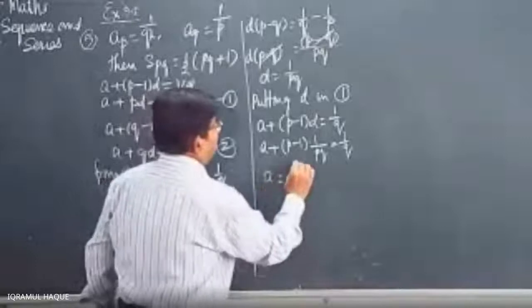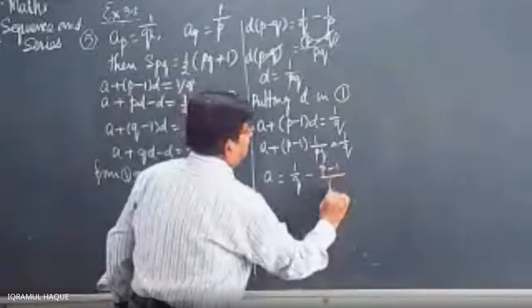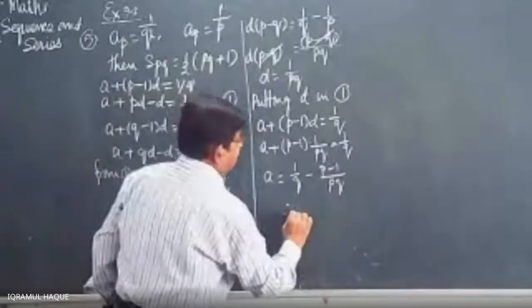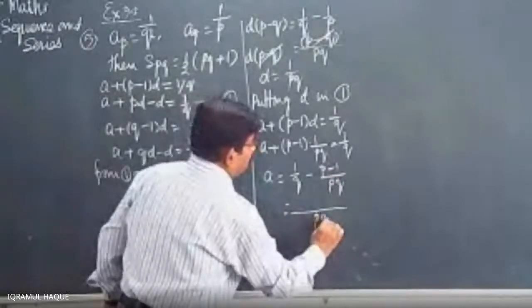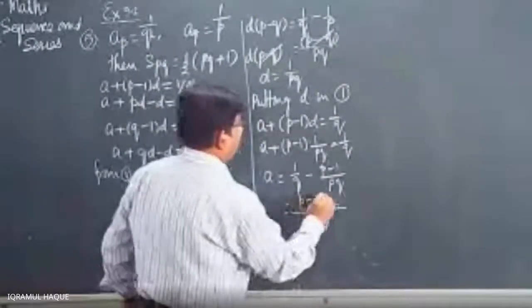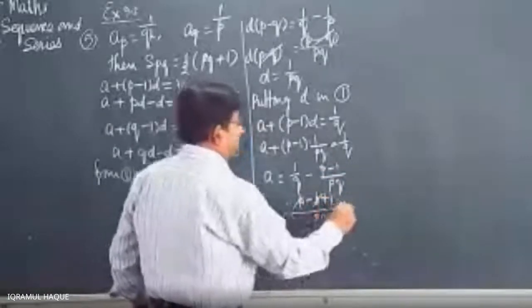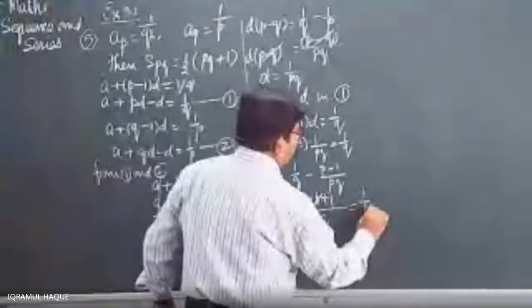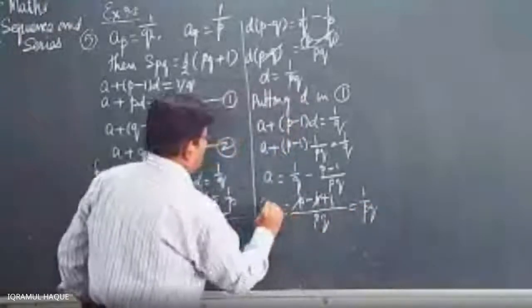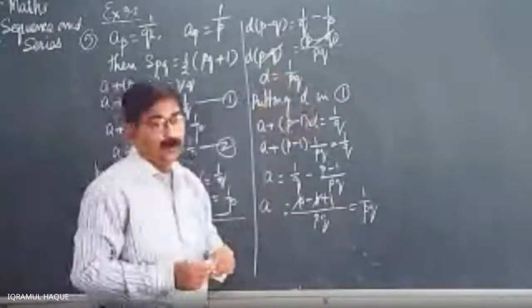A is equal to 1 upon Q minus (P minus 1) upon PQ. Its LCM is PQ. Q and Q will go. We have P minus PQ, which gives P plus 1... P and P will go. We have 1 upon PQ. So A is equal to 1 upon PQ and D is equal to 1 upon PQ.